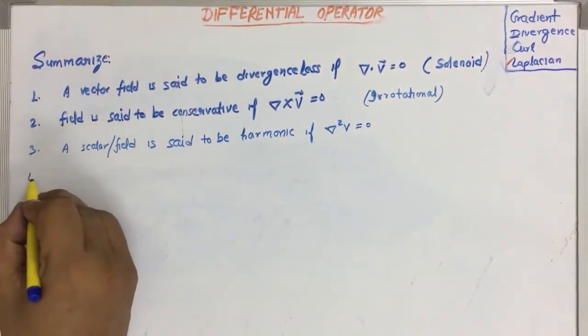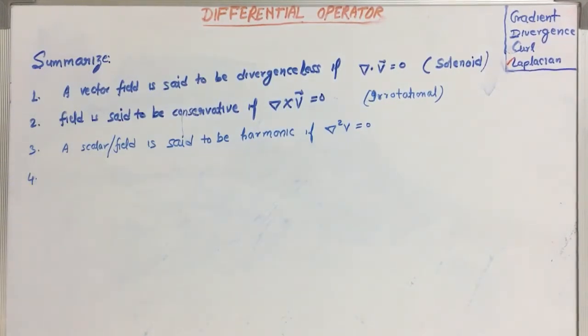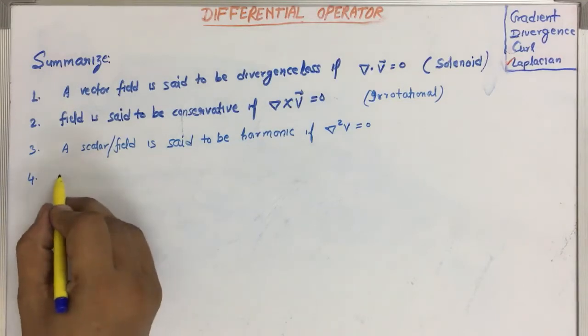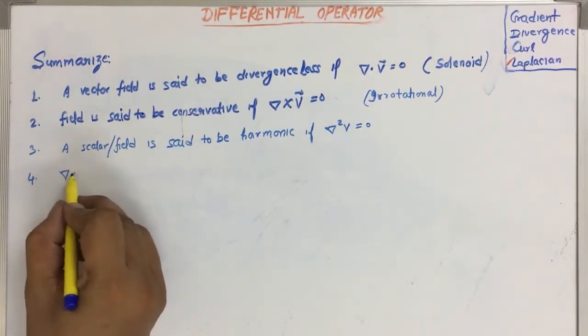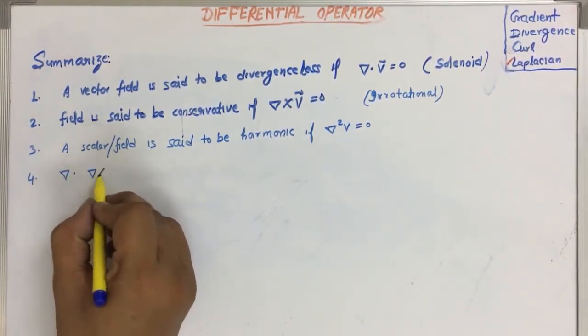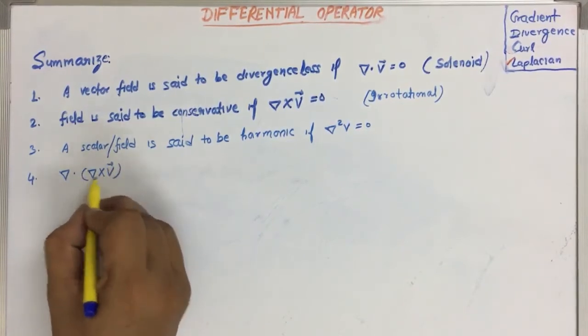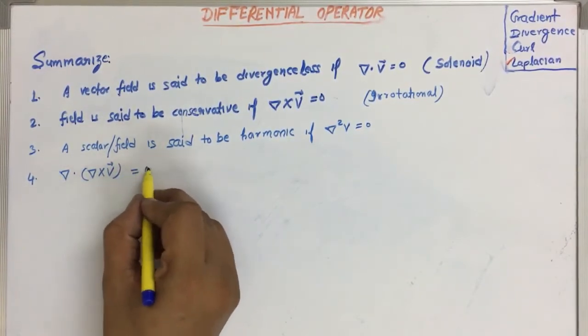The next point that we should note down is that the divergence of the curl of any vector is 0.